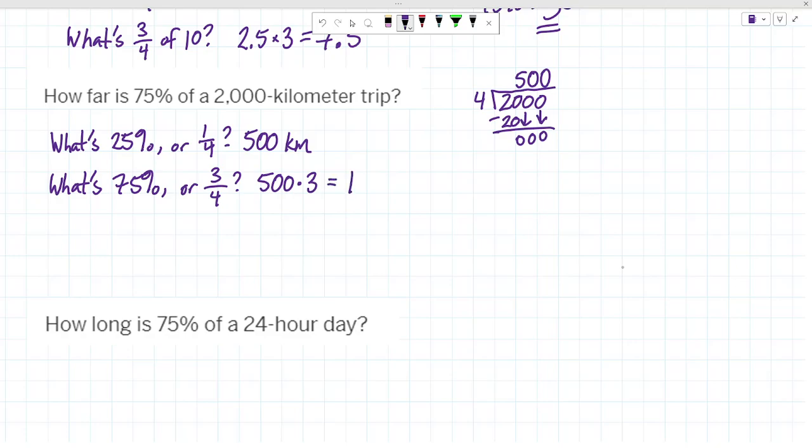And that's going to be 1,500. So 75% of a 2,000 kilometer trip is going to be 1,500 kilometers. You could also think about 2,000, the 100%, minus 25%, in which case you would do 2,000 minus 500, and you would get the same thing. So sometimes that's actually the better strategy to use. It's kind of just a matter of preference.